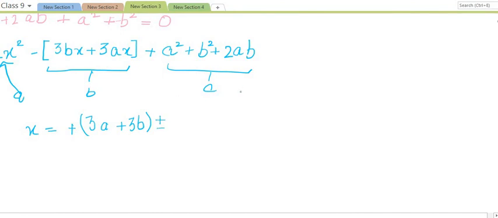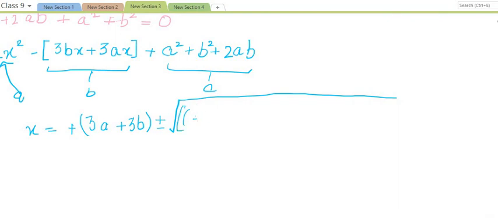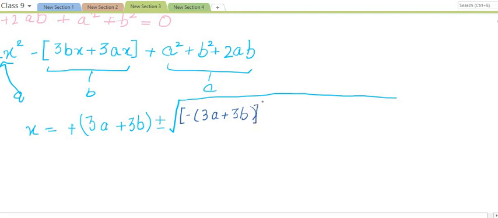This is b, plus minus the square root of b square minus (3a plus 3b) whole square, b square minus 4, a is 2, 4a c, a square, b square, 2ab.